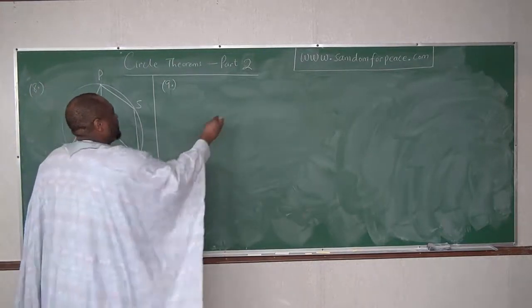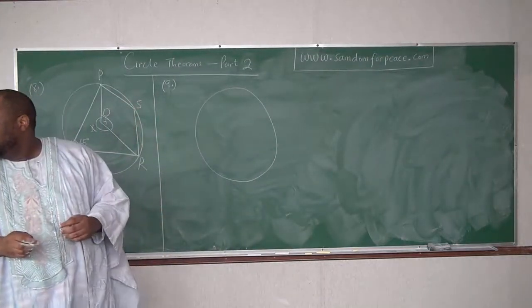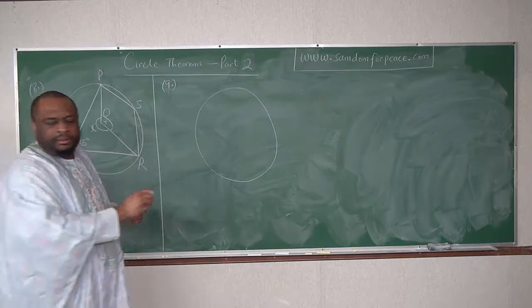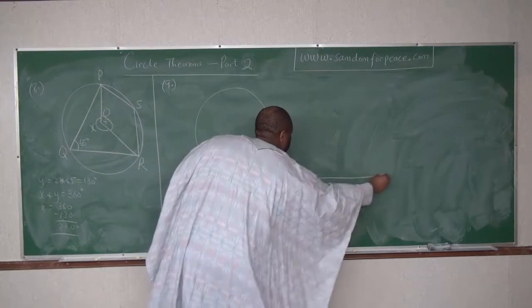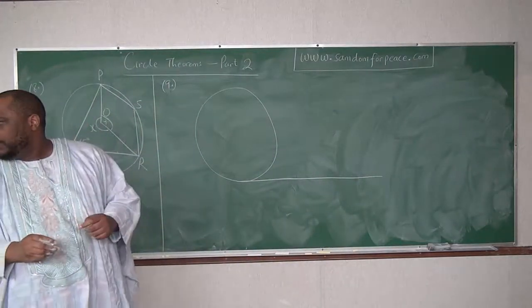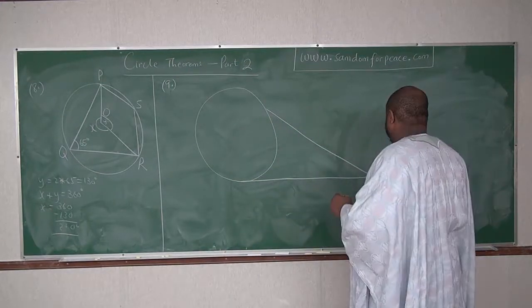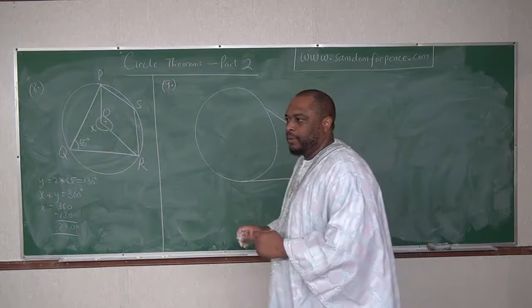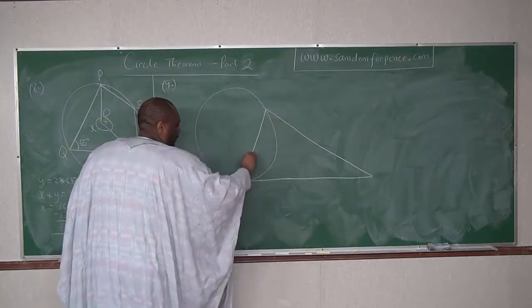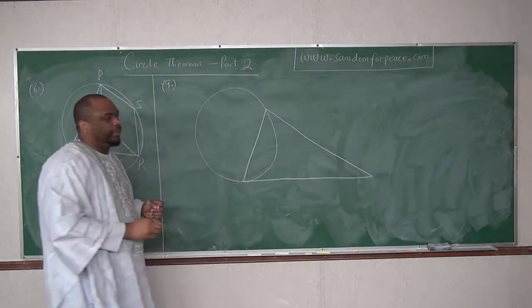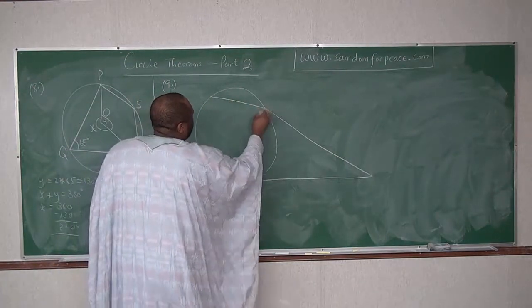So here we have the circle. We have a chord here, a chord here, another chord here.